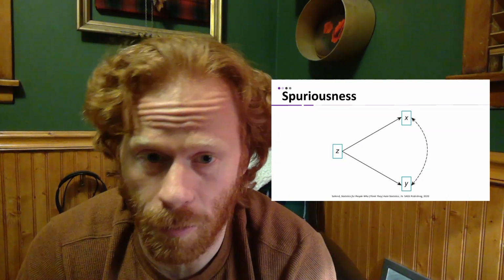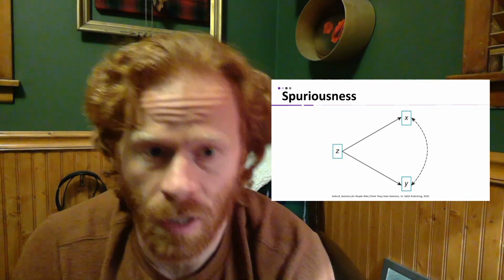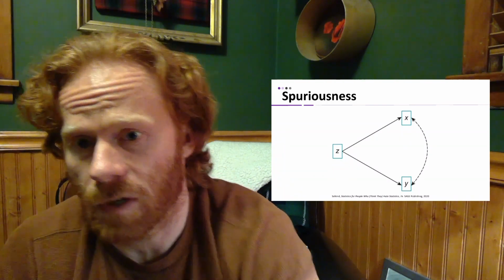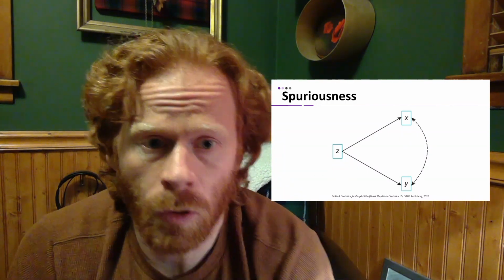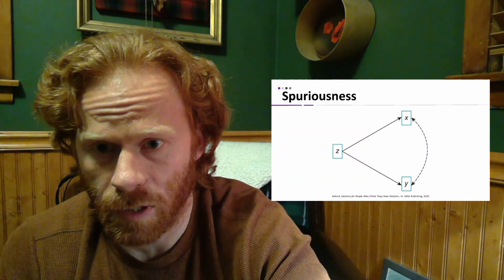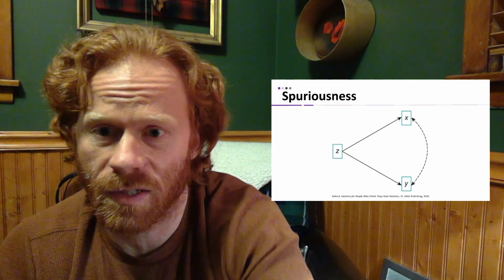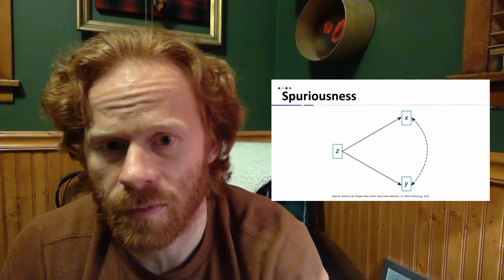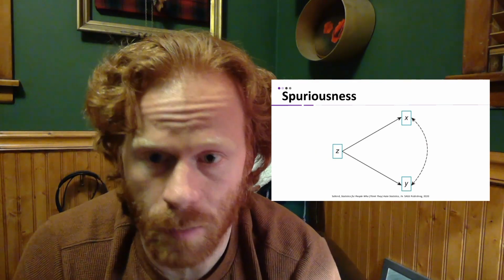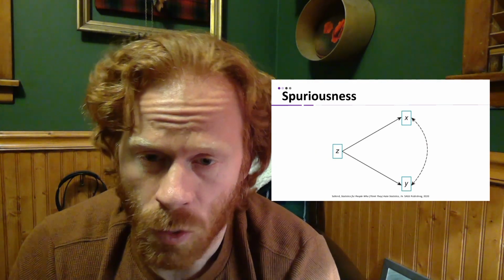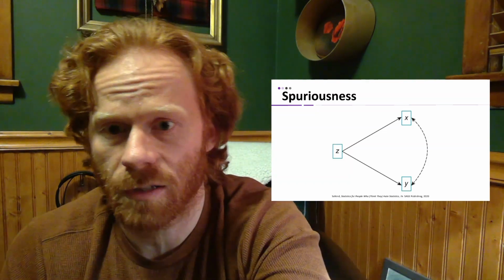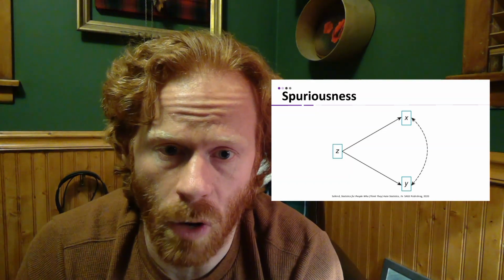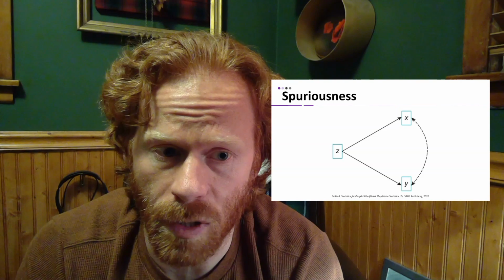There may be a third variable in this situation that's affecting x and it's affecting y. So looking at x and y, we see that there's a relationship between the two, and we want to say causation. We want to say x causes y, but at the same time, z might be affecting x and z might be affecting y as well. So we can't specifically say that it's x that's completely causing y because z is thrown in the mix as well.